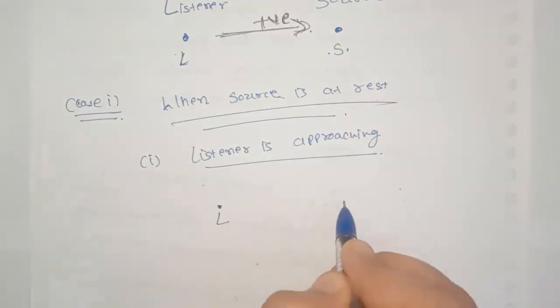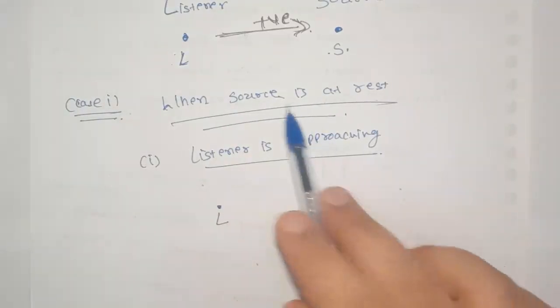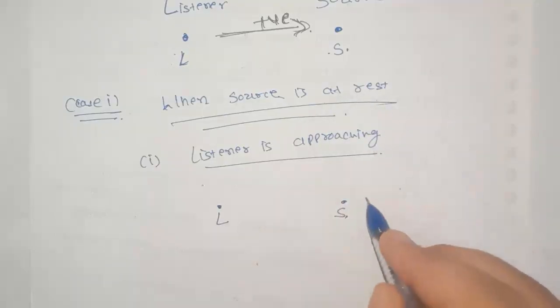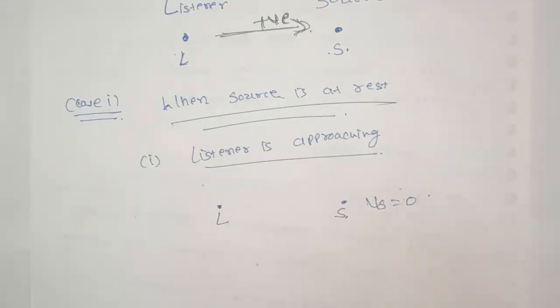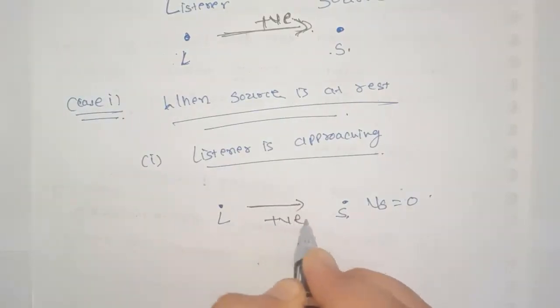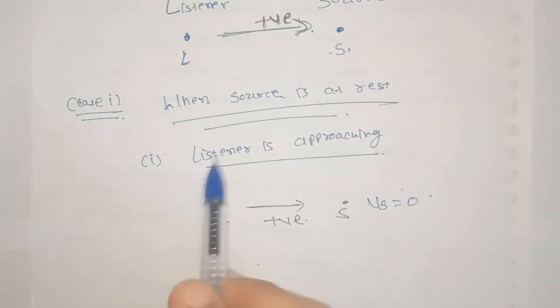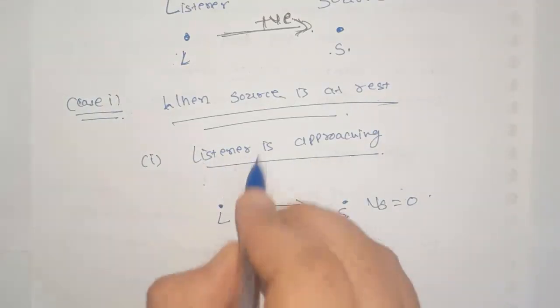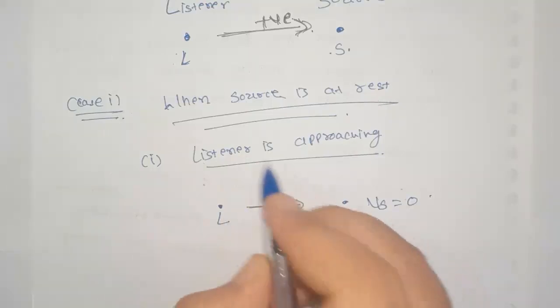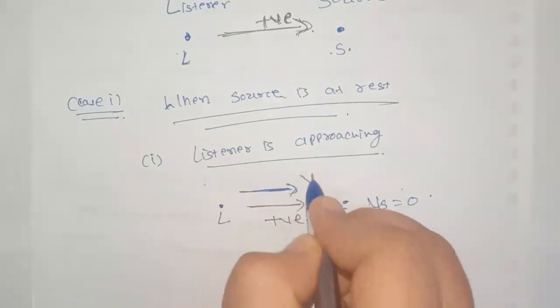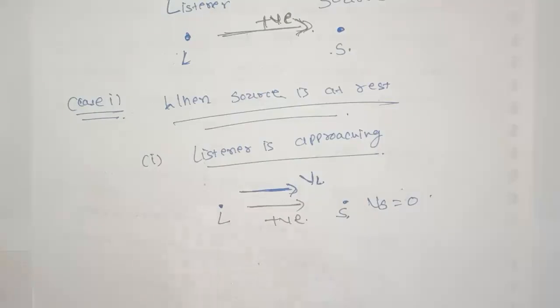Let's say this is listener, this is source. It is given that source is at rest, so velocity of source will be 0. Now, for the reference, this L to S direction is taken positive. It is given that listener is approaching the source. That means listener is moving towards the source. So the velocity of listener will be in this direction. That will be Vo. So VL or Vo will be positive.